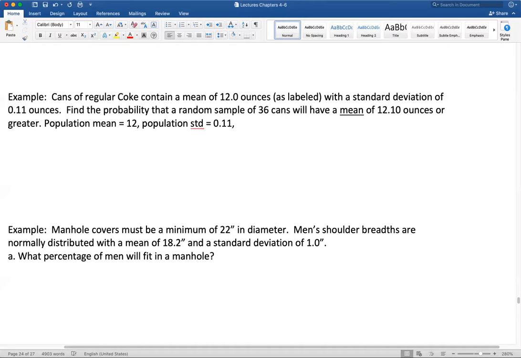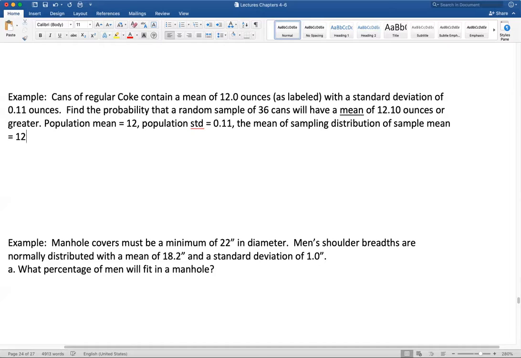Then the mean of the sampling distribution of the sample mean is going to be 12, and the standard deviation of the sampling distribution of the sample mean is sigma, which is 0.11, divided by the square root of 36, which is 6, right? Because n is 36.